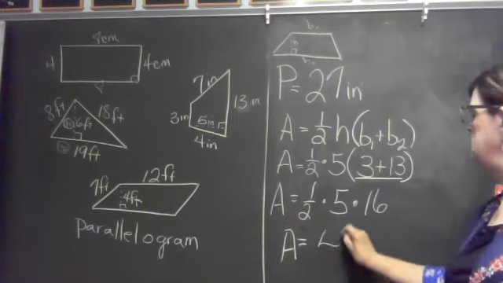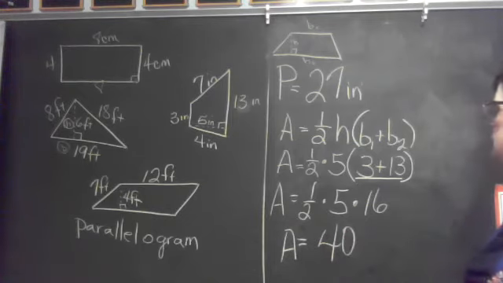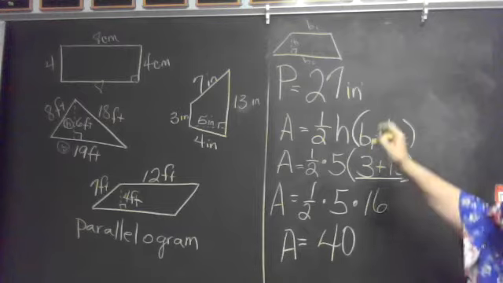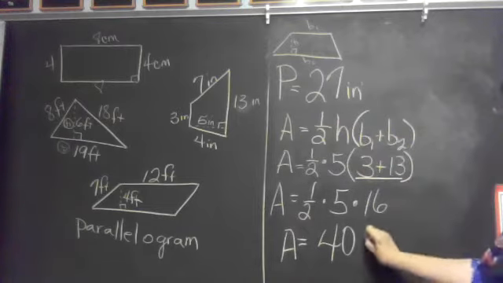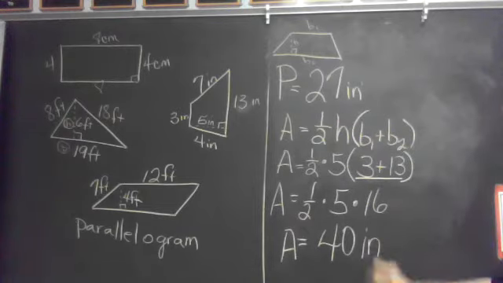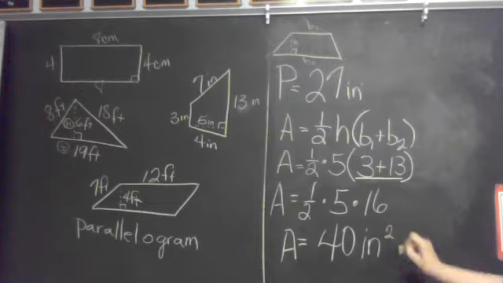Yes. When you multiply this all out, and we're dealing with inches, and because it's area, we square it. Inches squared. So the area of that trapezoid is 40 inches squared.